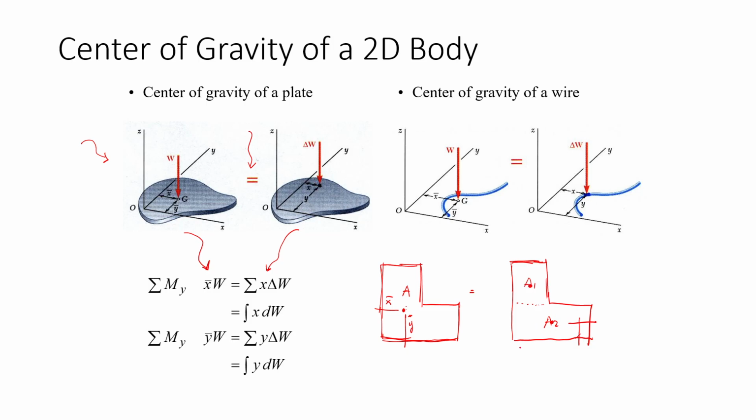You're going to add these up, and it is just equal to the whole system. So you get the idea. The left side is the whole component, the right side is the individual components adding up into the whole component.